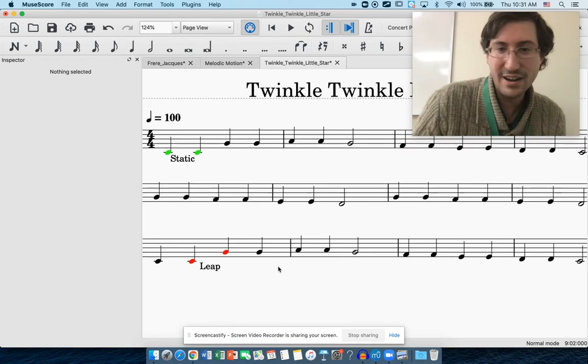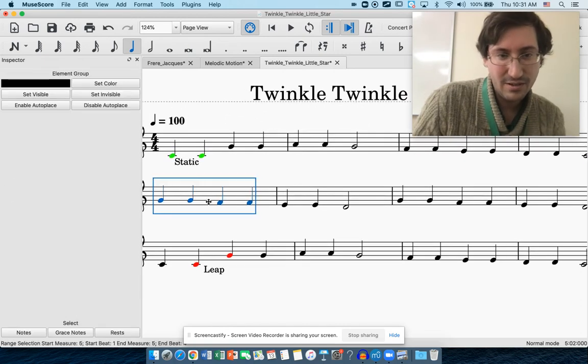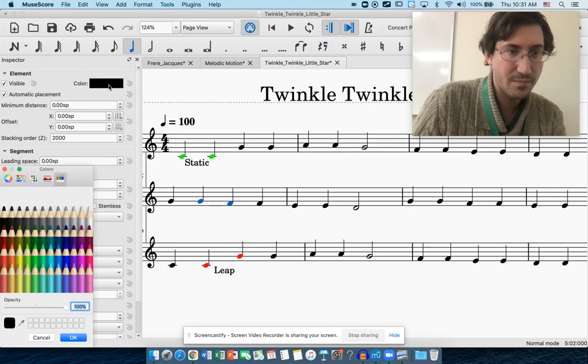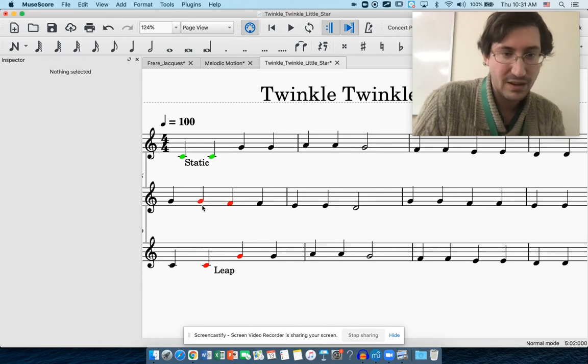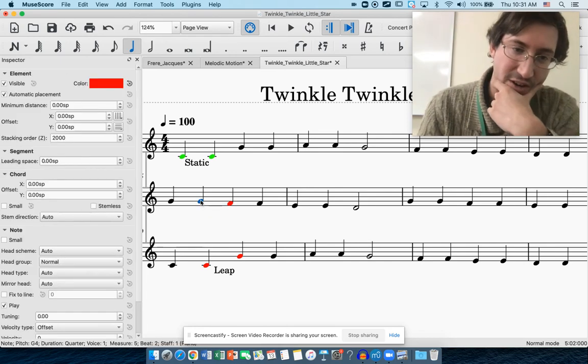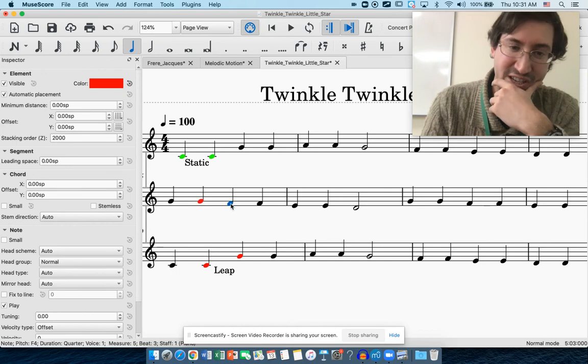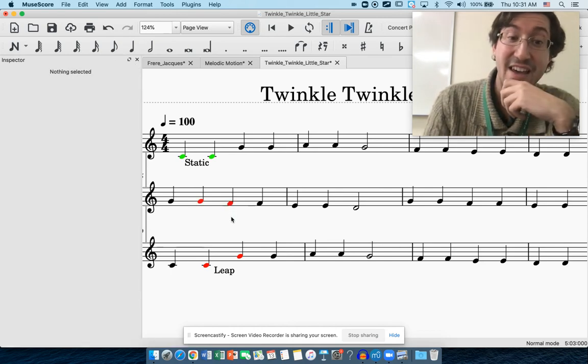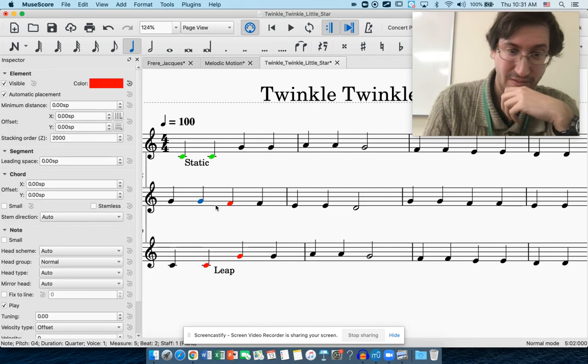All right, let's try another one here. Let's do G and F here. Okay, so we can look at these two notes. We see that this one is right next door to this one. So that makes it a step. It's right next door.